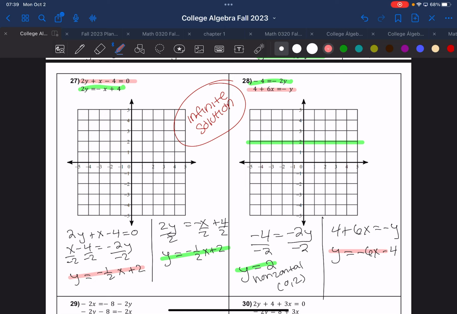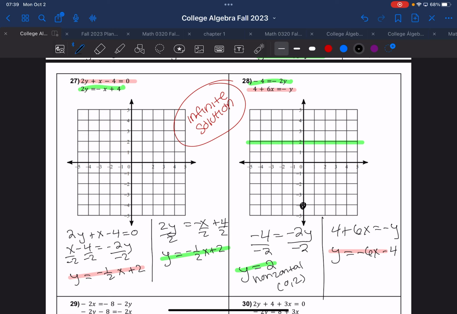So I'm going to graph that equation, and I would graph first the y-intercept, which would be what number? 0, -4. And that slope is telling me to do what? Go down 6 and over 1, but you could go up 6 and left 1.